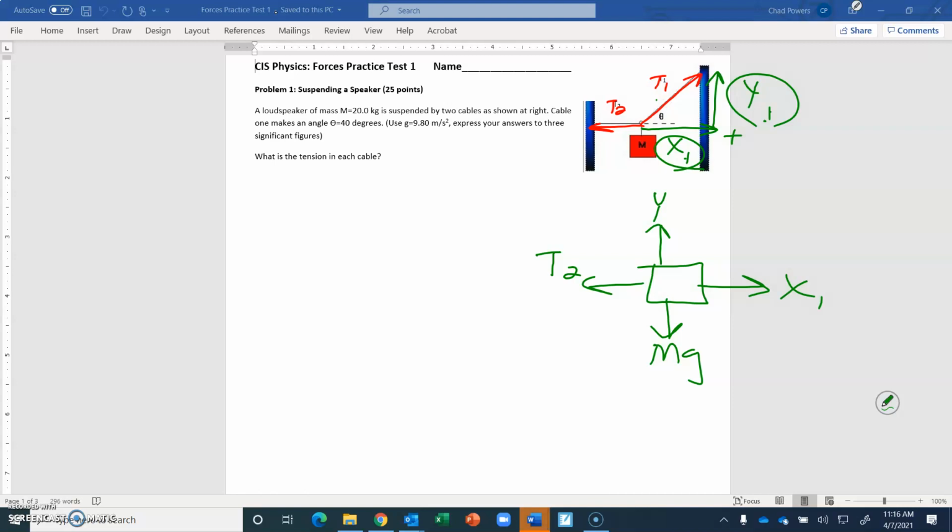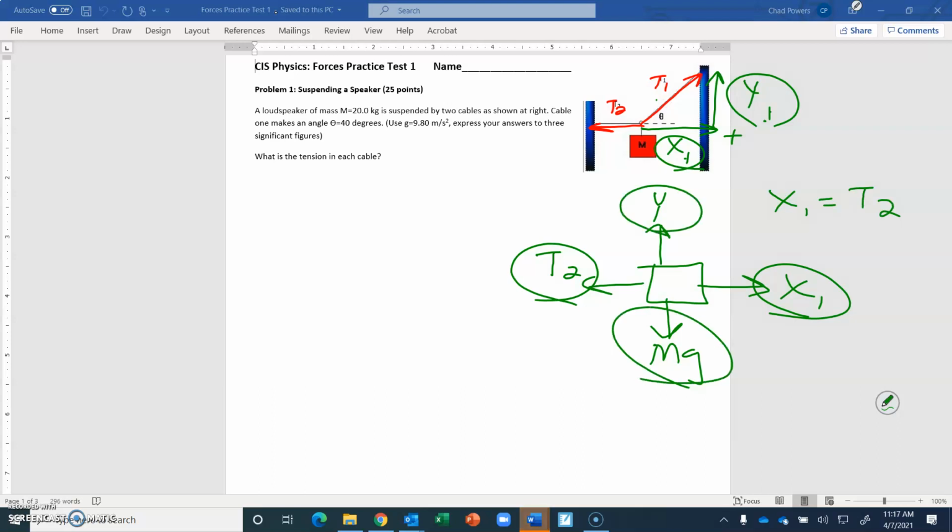Since this thing is at static equilibrium, which means it's not moving, we know that those have to be equal, and these have to be equal. The X's and the Y's have to cancel out. Y1 equals mg. And so when we do static equilibrium, it becomes a trig problem. We've got our triangle.